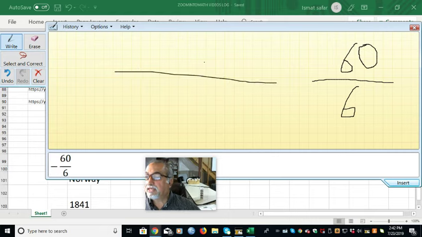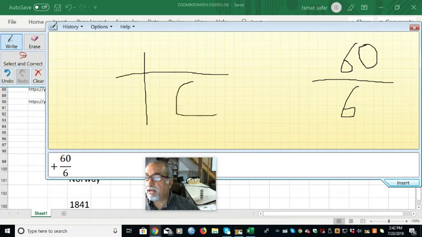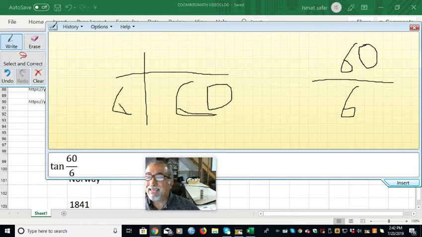So 60 here is the number we want to divide, the dividend. And 6 is the divisor, which is the number we want to divide it by. We divide the dividend by the divisor.